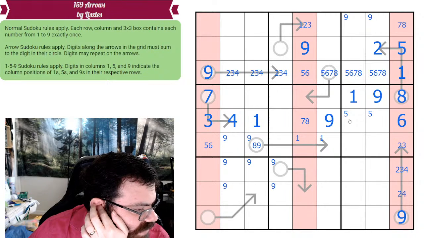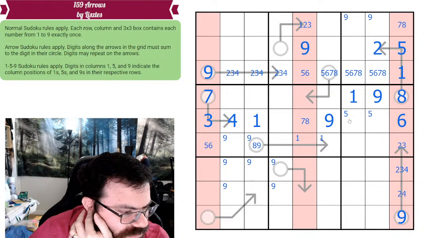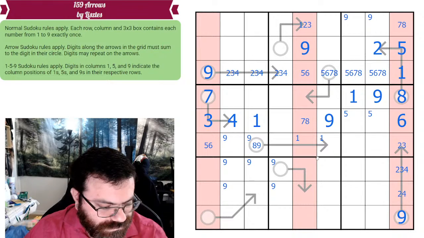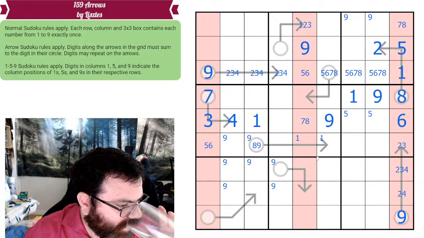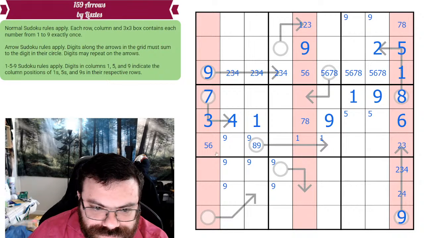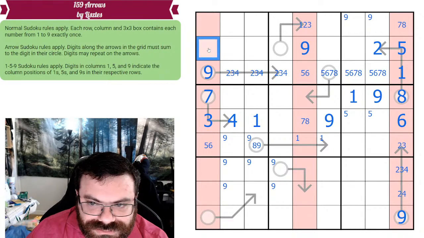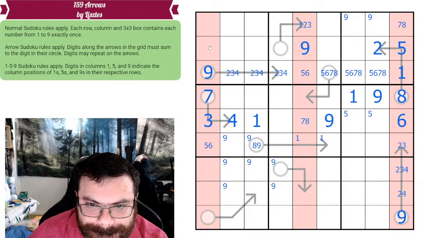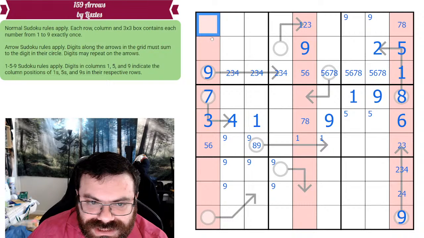I dropped a couple frames. I don't know when, but it should be back to normal. Let's see, what can I do? Maybe I can look at, so we know this can't be a 3, and it also can't be 7 or 8, or 9.